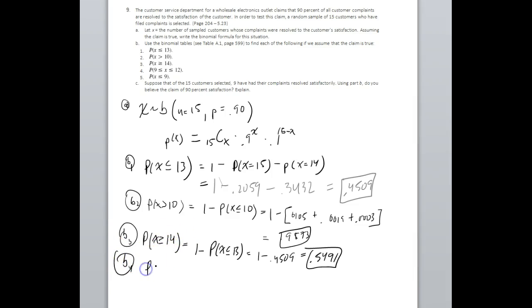B4, probability that x is between 9 and 12, including those values. So we would just add up x equal 9, x equal 10, x equal 11, x equal 12.